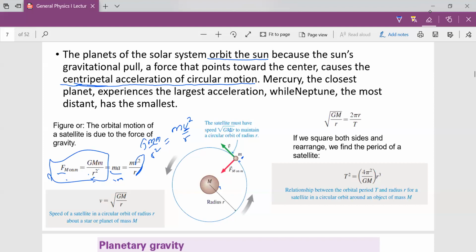Remember the very first definition for an object in a circular path: this is the circumference of a circle over the change in time, the period. Okay, so if we equate these two and make T the subject of formula, that's how we arrived at this equation.